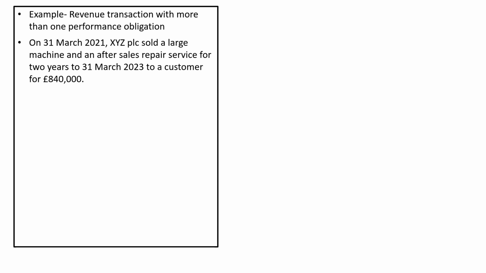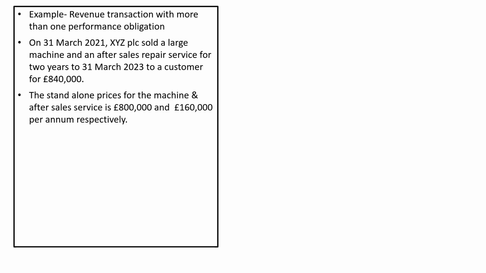Let's look at an example of a revenue transaction with more than one performance obligation. On 31st of March 2021, XYZ plc sold a large machine and an after-sales repair service for 2 years to 31st of March 2023 to a customer for £840,000.